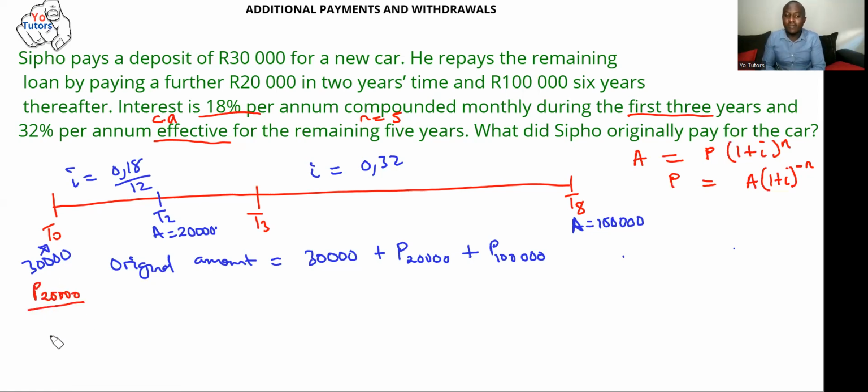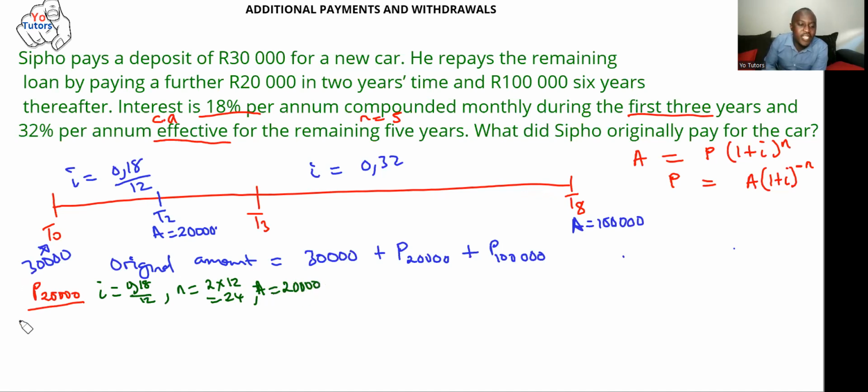Now, how do we get the principal for the 20,000? We know that in this case our i is equal to 0.18 over 12. What about our n? Our n is 2 times 12, which is going to give us 24, because it's for 2 years. Accumulated amount is 20,000, so here our A is 20,000.